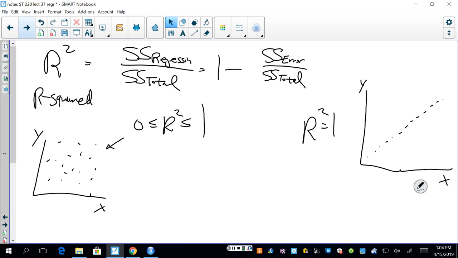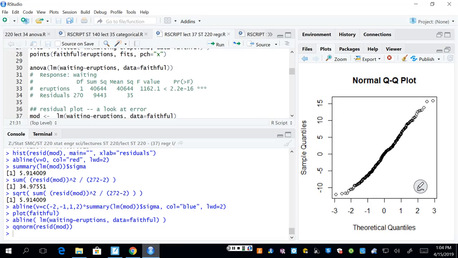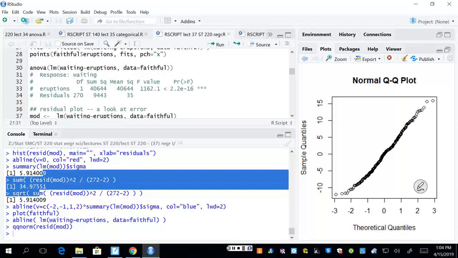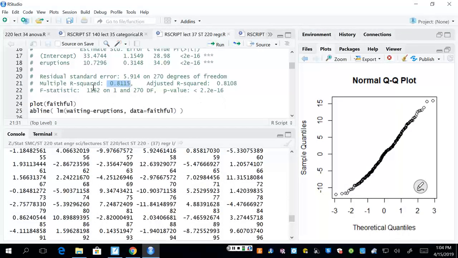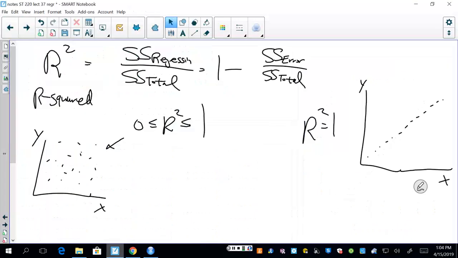For Old Faithful, the output gives us a value. Where was that? I'll just pull it. So this one, it's called multiple R squared here, is 0.81. So more than halfway to the maximum. For Old Faithful, R squared is 0.81.